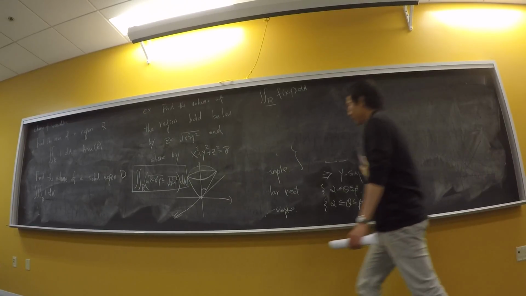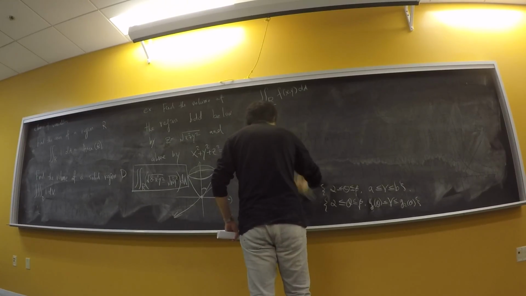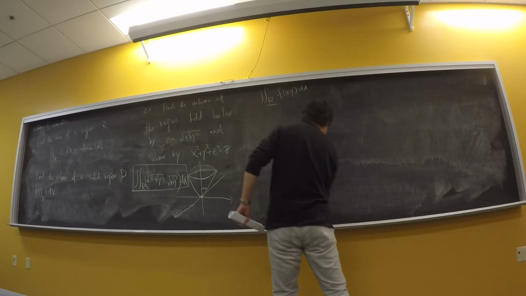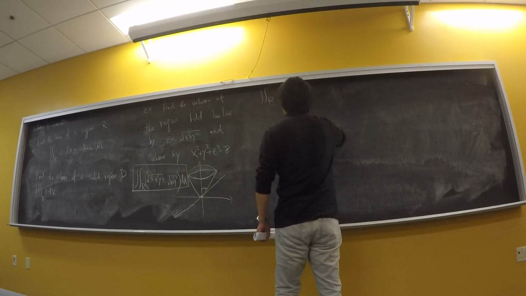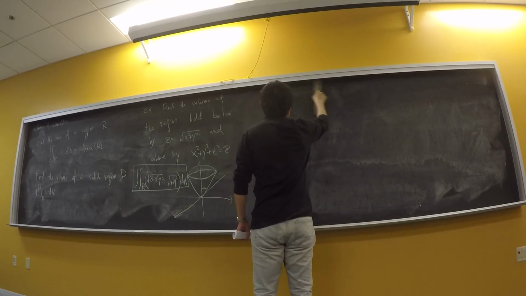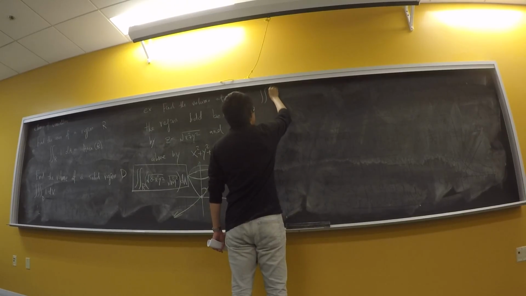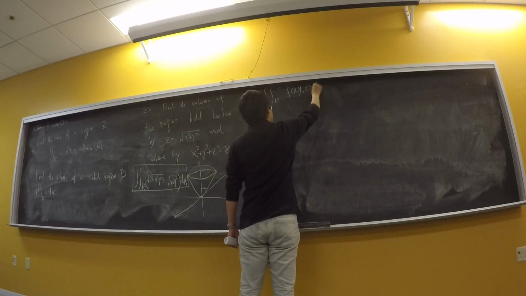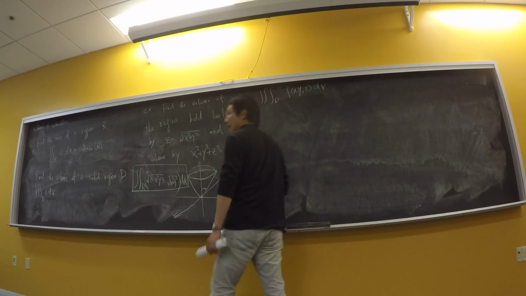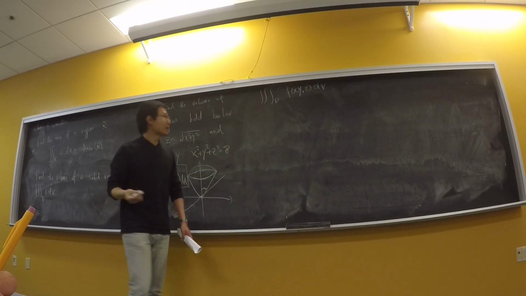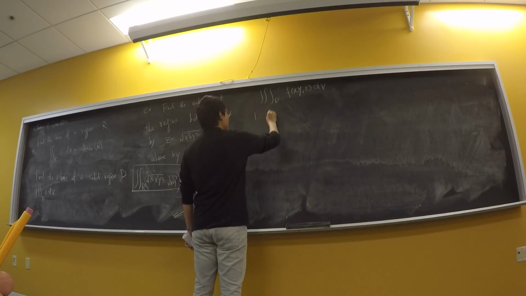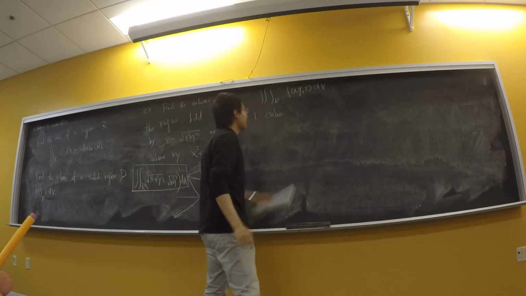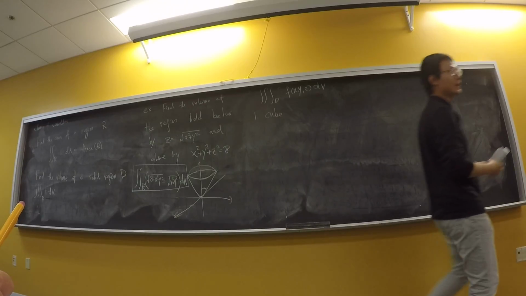So in triple integrals, we have three independent variables. And we begin from the easiest case, Q, where x, y, z are all bounded by intervals.